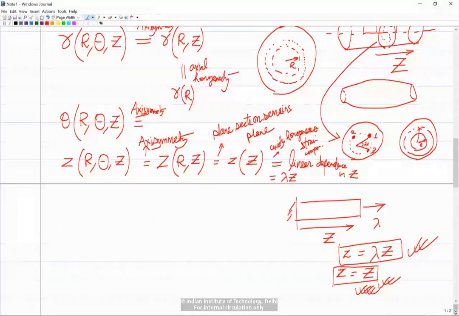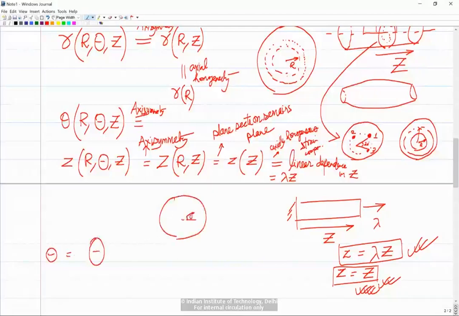Let us get back to small theta. Just like for small z, we cannot forget about its dependence on big Z. Similarly, for small theta also, it will at least be a function of big theta. If nothing is happening, a point in a cross section having coordinate big theta will still have the same coordinate big theta, right? So here we cannot say that it will not depend on big theta.